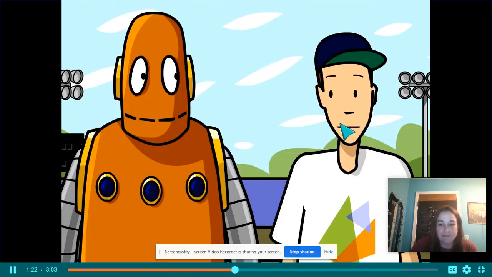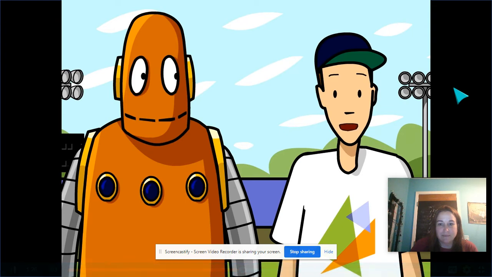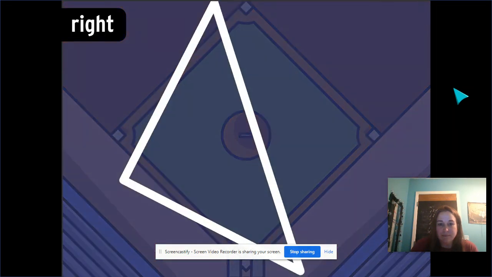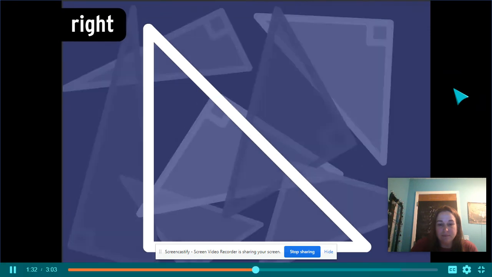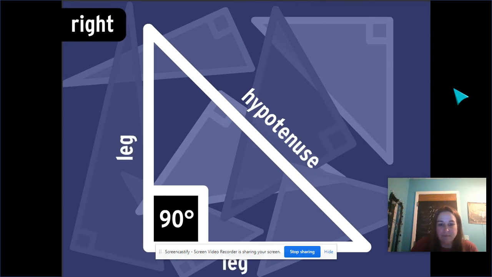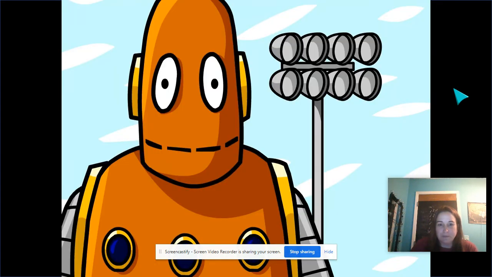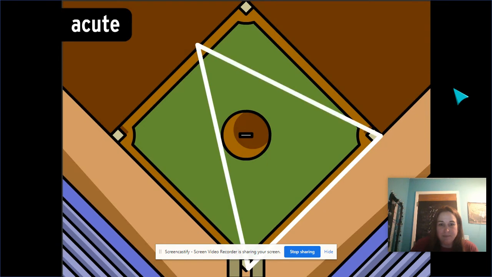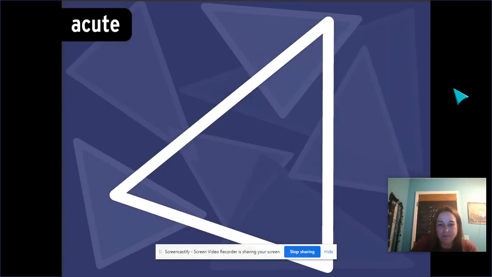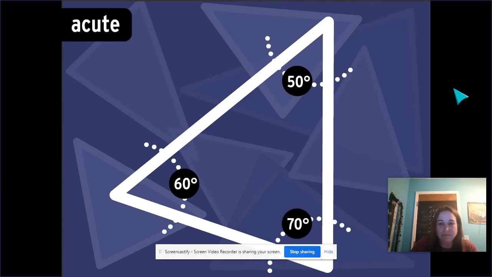Yep, I did say that we also classify triangles by comparing their angles. Let's take a look at those. Right triangles have one right angle that measures 90 degrees. The long side of a right triangle is called the hypotenuse, and the two sides that form the right angle are called the legs. Acute triangles have three acute angles. An acute angle is one that measures less than 90 degrees.